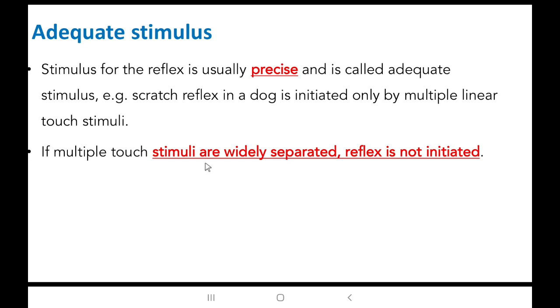If multiple touch stimuli are widely spread, then the reflex is not initiated. So it should be precise. That is why it is called adequate. An adequate stimulus is required to initiate a reflex.